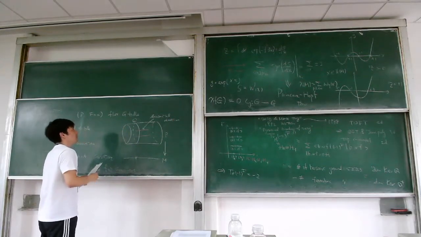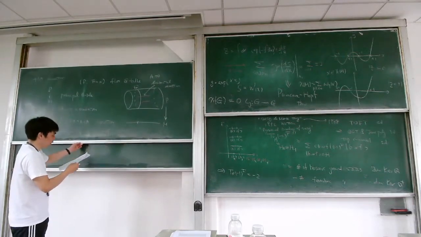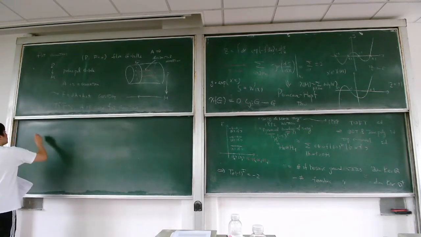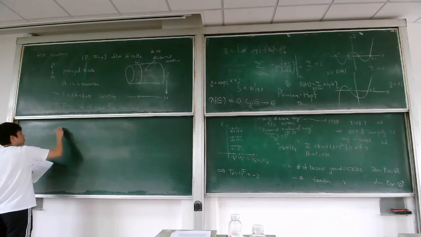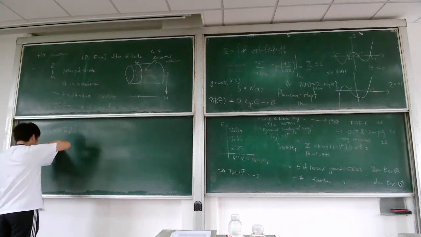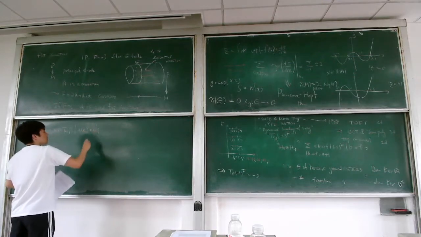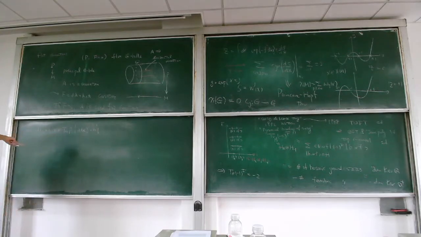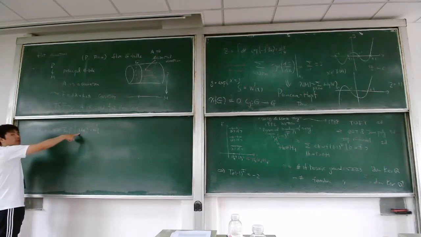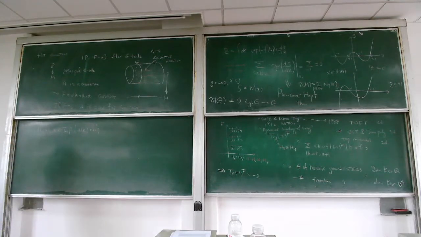So the connection A will define horizontal direction in the following way. A contracted with X, where X is the tangent vector at point U, is equal to 0. So A is a one-form, and X is the tangent vector at point U. And if it is 0, it becomes a horizontal vector. Okay?